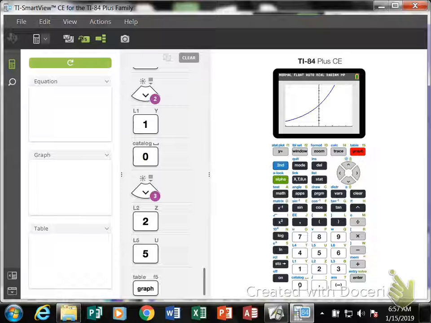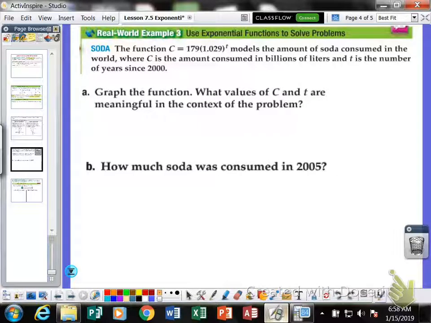All right, so then they want to know what values of c and t are meaningful in the context. Well, we know that t represents time. So obviously we want time to be greater than 0. We wouldn't want anything less than 0 because it doesn't make sense for time. So t we would want to be greater than 0.